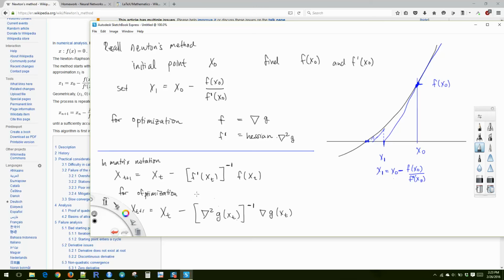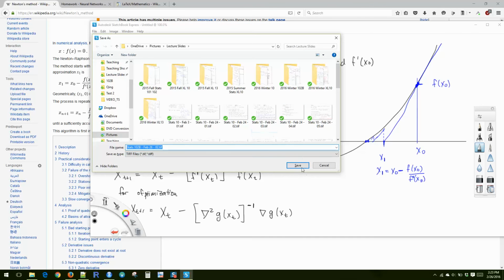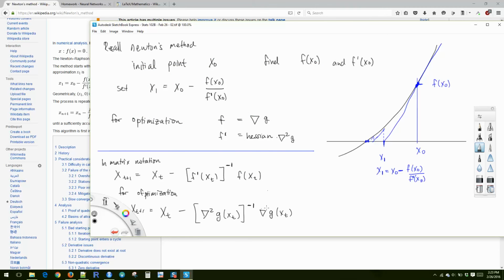Sometimes we could implement this just straight up. It would require us to calculate the gradient, which is a bit of work depending on the function that we have, and then it would also require us to calculate the Hessian, which is even more work.